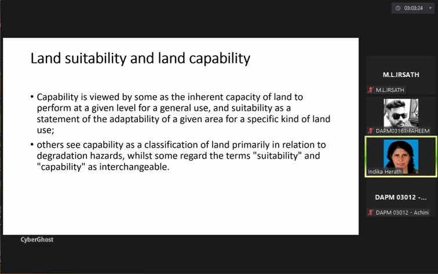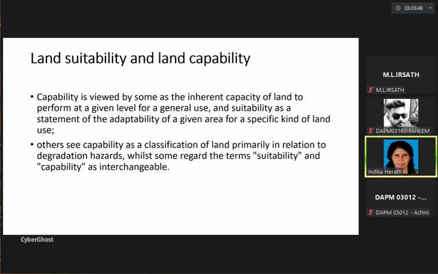And the other, sometimes capability and suitability are used in a similar meaning, right? The classification is primarily related to the degradation hazard, while regarding the terms suitability and capability, they are used interchangeably.